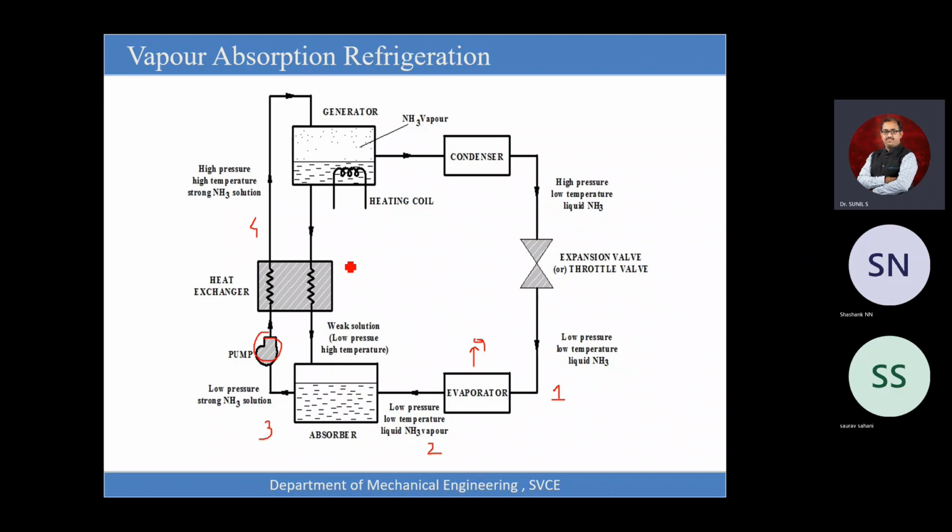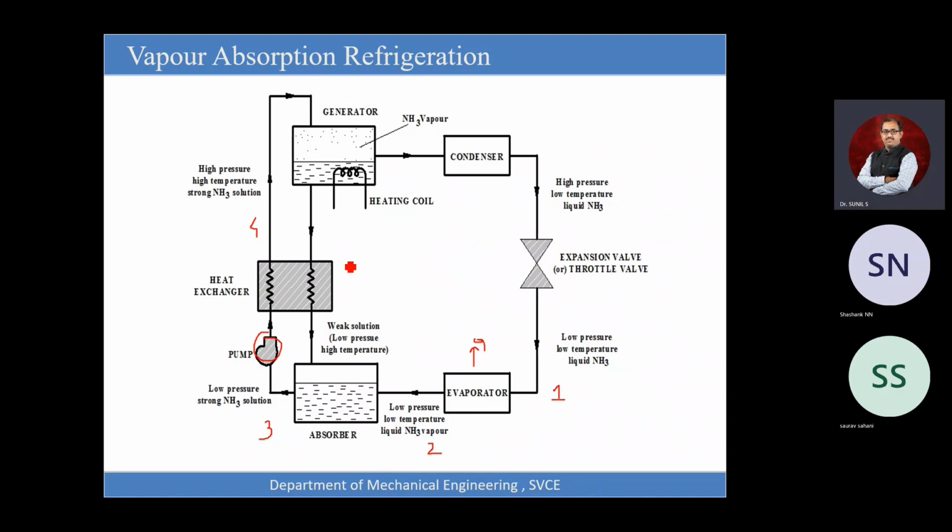What happens in this heat exchanger? Here, whatever liquid is coming back will be very hot. From the generator to the absorber, every cycle some amount of ammonia solution will come back. That will be very hot, so that heat will be taken up by this cold ammonia solution so that it gets preheated.